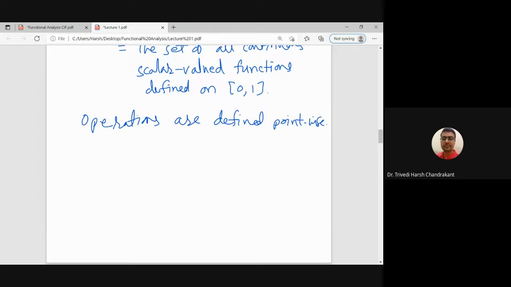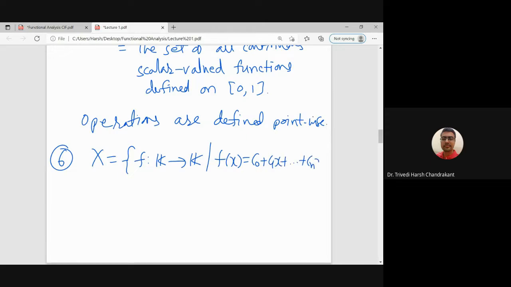Now the last example we want to discuss is a subspace of this space. Let us consider the functions f from K to K such that f is defined as c0 plus c1 x plus up to cn x^n, where n is a non-negative integer.